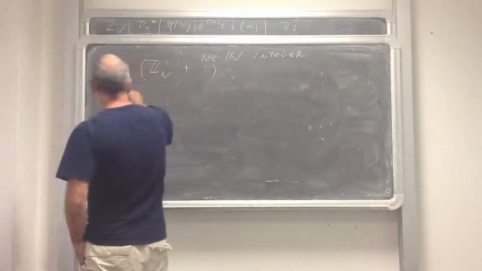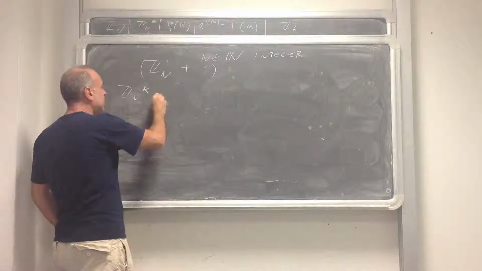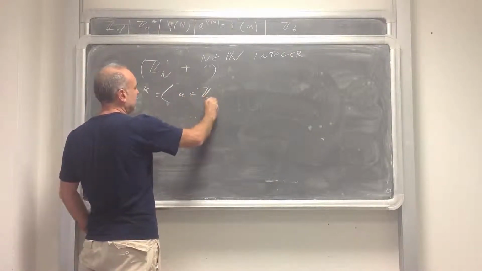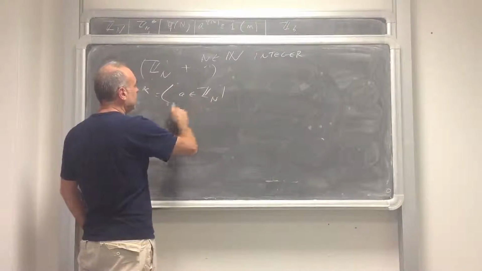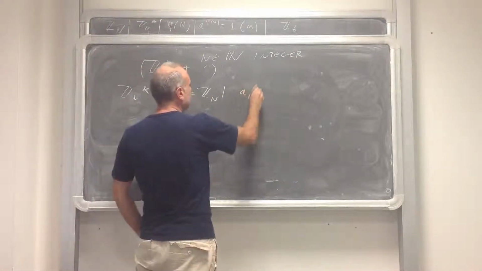We can consider a subset Zn star. Who is Zn star? We can take the numbers in Zn which are coprime with n.